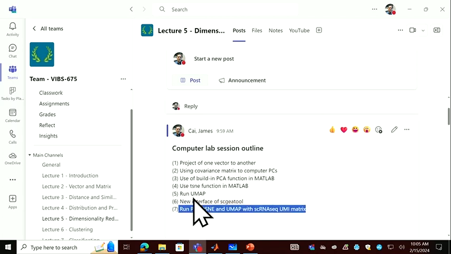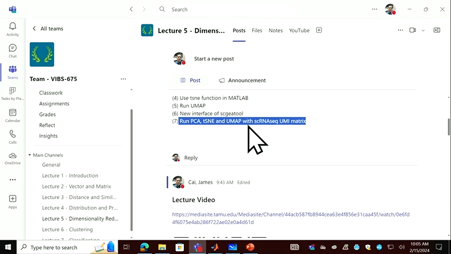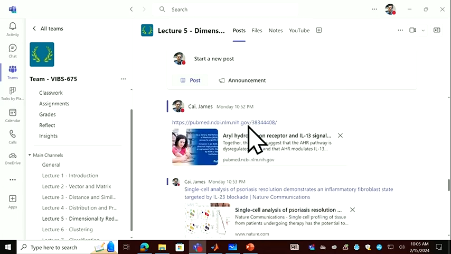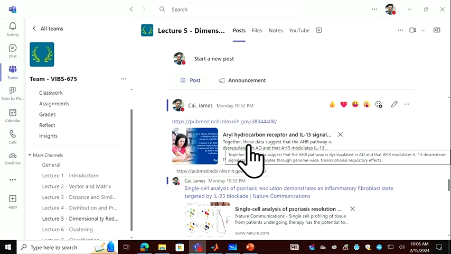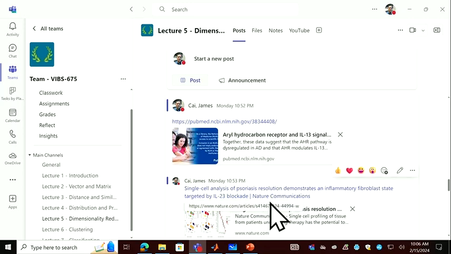If we still have time, we can revisit this example data we processed from the skin sample. And I do have another publication, I believe I put somewhere here. It's a paper that's relevant to this process, but it's a different paper, and they're talking about some marker genes, potential changes.